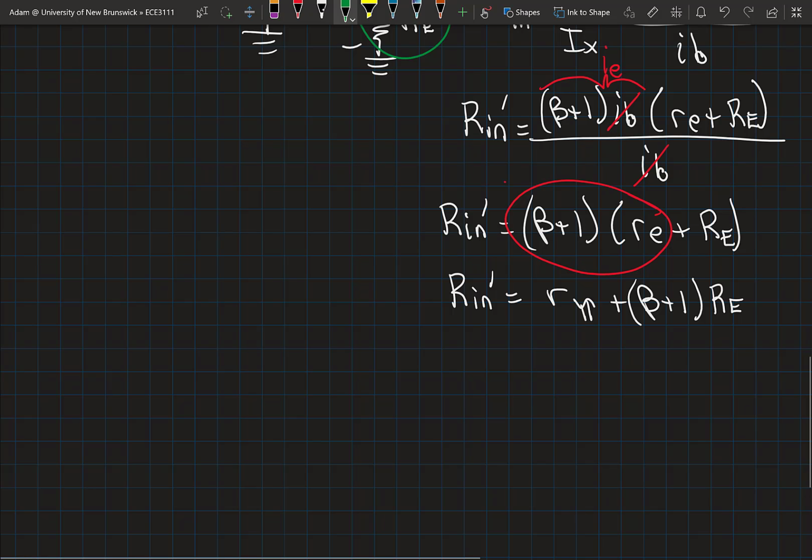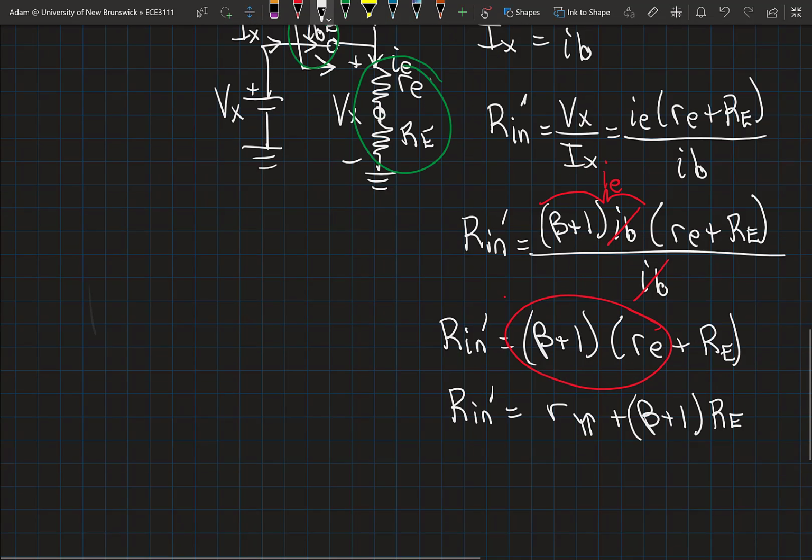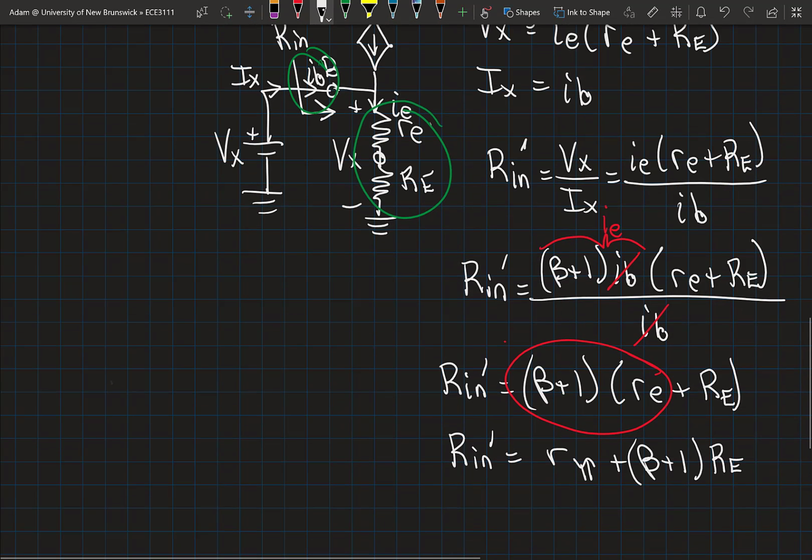Okay, so we've gone through and calculated the input resistance and the output resistance of a common emitter amplifier circuit.